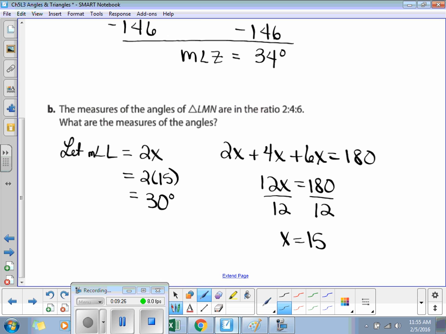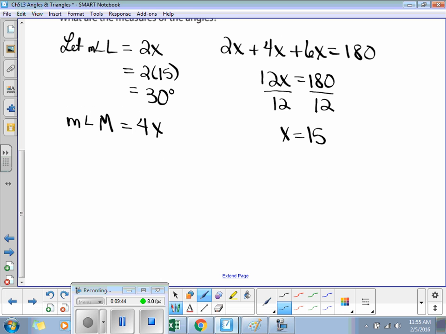Now, to find the measure of angle M, we're going to use 4x. So we need to substitute the 15 in for the x. So 4 times 15 is equal to 60 degrees, right?